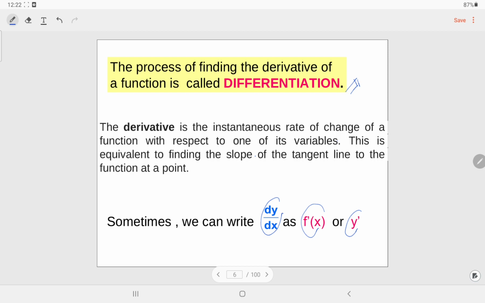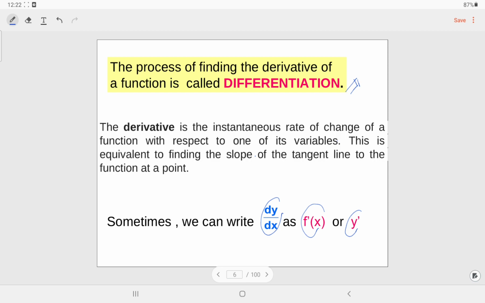Basically, an application of differentiation is its connection with velocity. One example of a derivative is velocity, which is the rate of change of distance with respect to time.